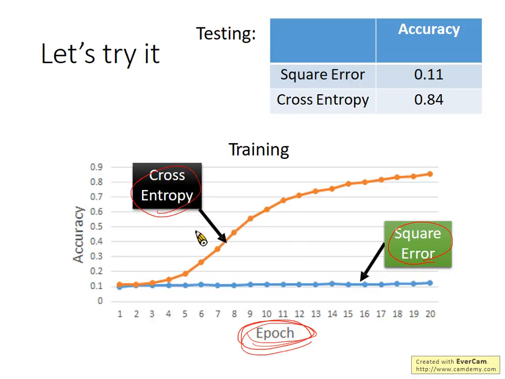When we use cross entropy, based on a toy example, we can increase the training accuracy largely as we increase the number of training iterations. So this would be the simplest way to try to enhance your training accuracy.